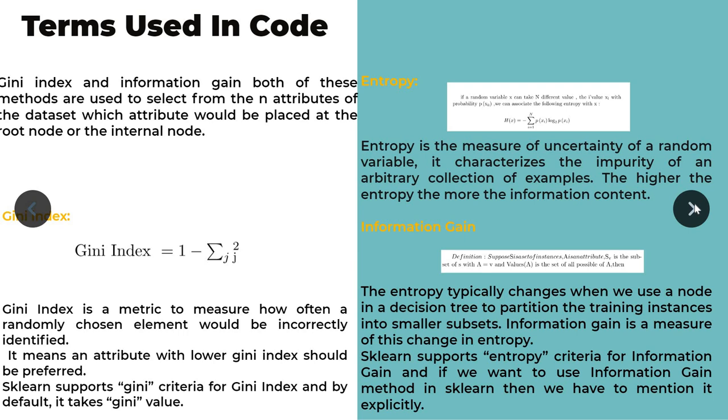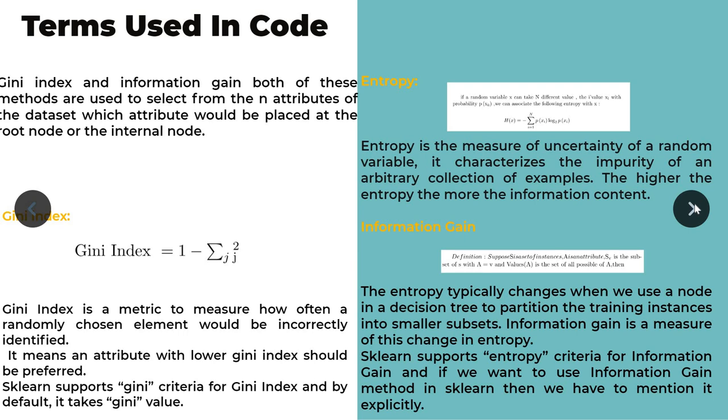Entropy. Entropy is the measure of uncertainty of a random variable. It characterizes the impurity of an arbitrary collection of examples. The higher the entropy, the more the information content. Information gain. The entropy typically changes when we use a node in a decision tree to partition the training instances into smaller subsets.